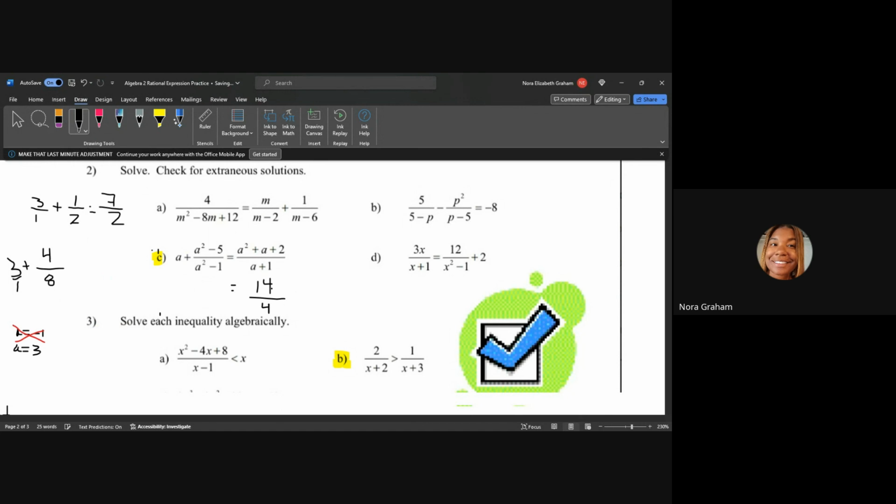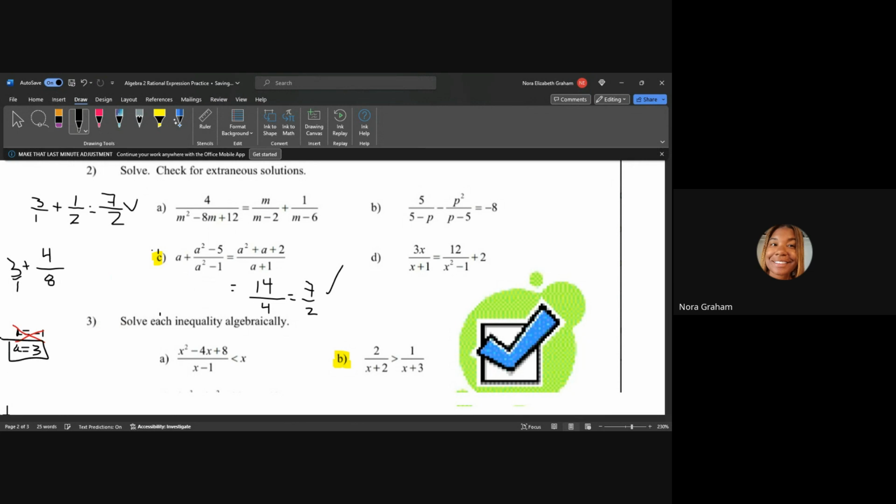And then I pull out a 2 from 14, I get 7. And then pull out a 2 from 4, I get 2. There we go. Sorry, it took me a while. So that checks off. This side is equal to this side. So 3 is a solution.